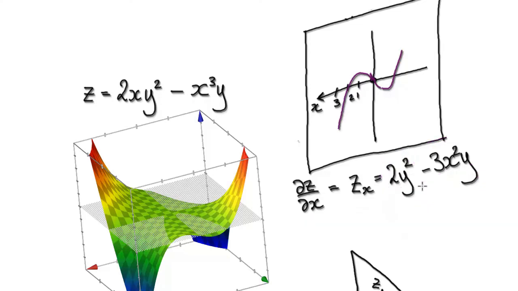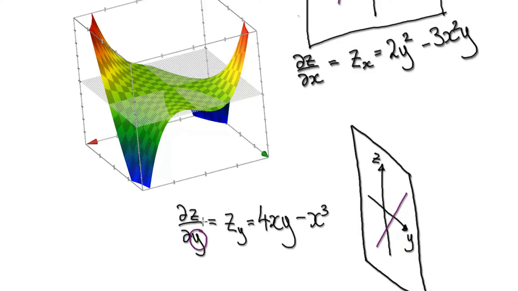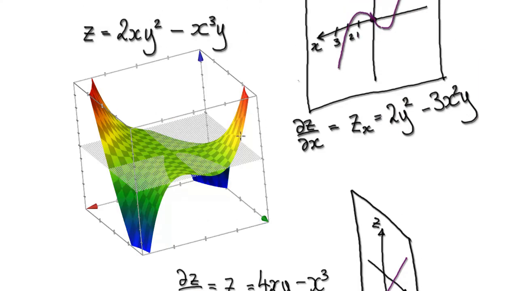Now, if you treat x as a constant, so now you're differentiating with respect to y, it will look something like this. Remember, this is your x-axis. This is 1, 2, 3, 4, and so on. This is negative 1, negative 2, and so on. If you treat x as a constant, you've got a plane looking something like this.